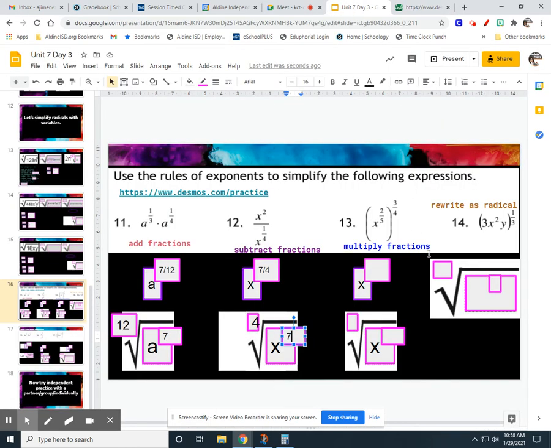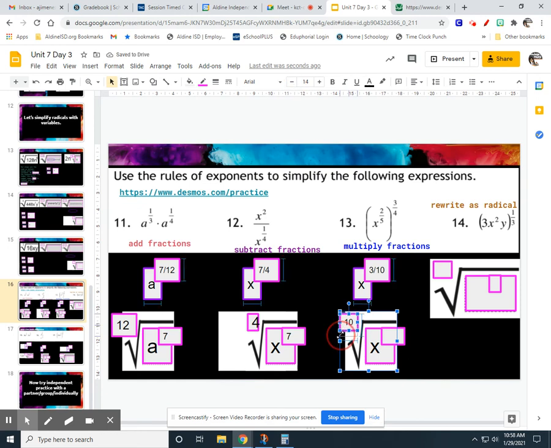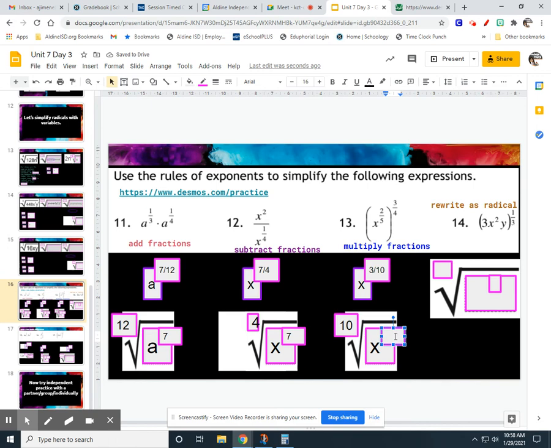We get 3/10, which means the index is 10. All right, and then we get 3 on the inside.